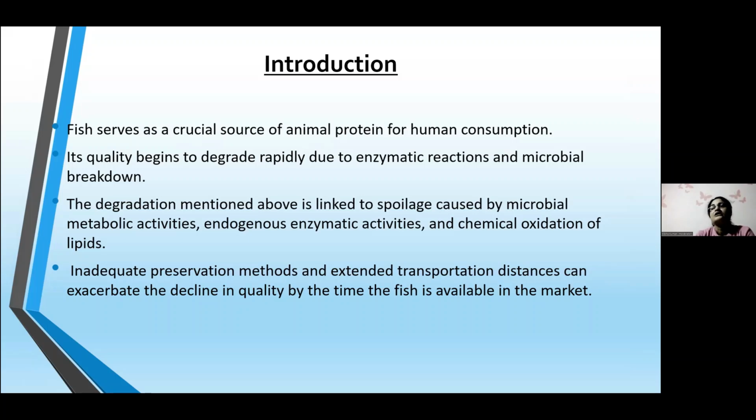But one important characteristic of fish is that their flesh is very soft, so it starts to deteriorate in a very limited time after the death of the fish. The degradation is completely dependent on microbial metabolic activities, some endogenous enzymatic activities, and some chemical oxidation of lipids.